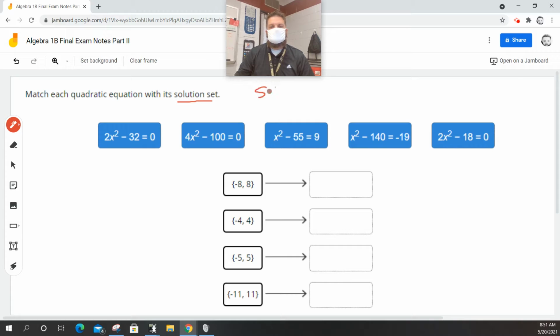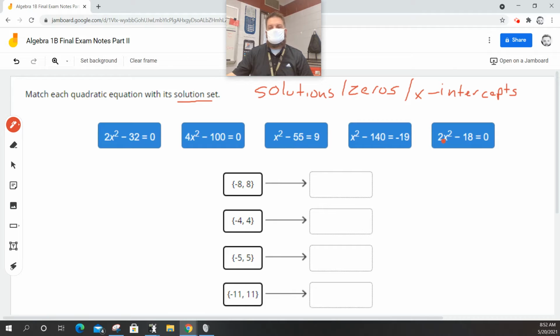Well, the solutions are the zeros, and the zeros are also the x-intercepts. So if I graph the zeros, where it crosses, I should be able to get it.